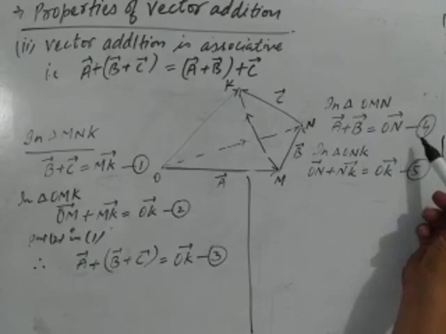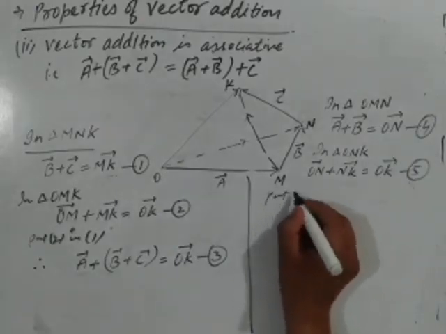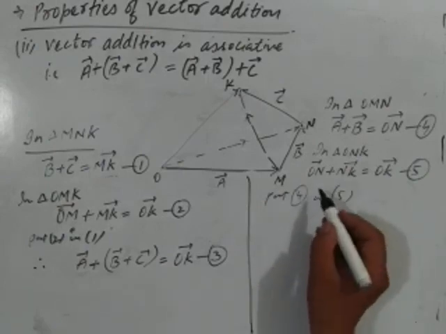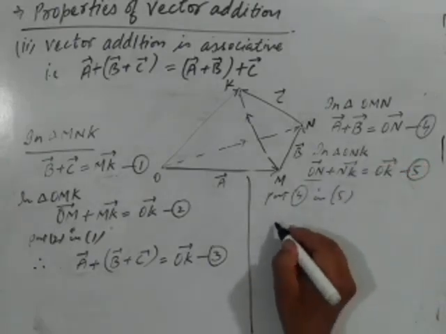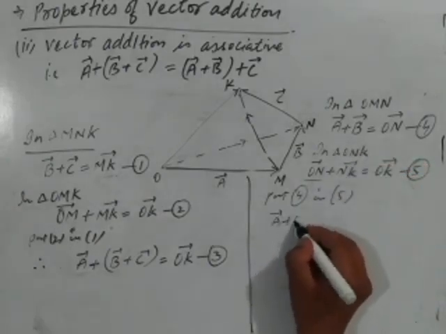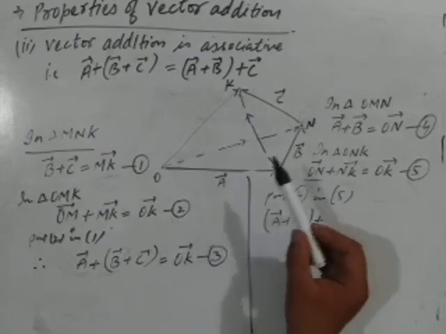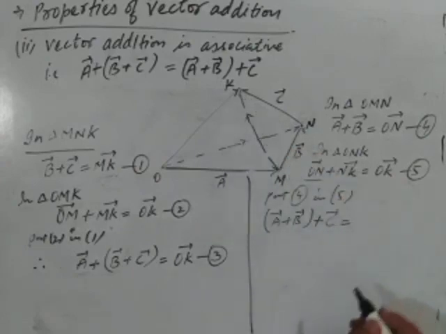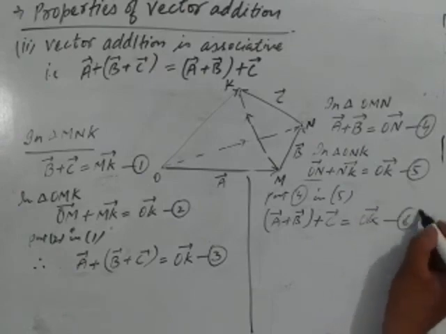So we will put equation number 4 in equation number 5. The value of ON vector is equivalent to A plus B vector, so A plus B vector plus NK vector, where NK vector equals C vector, and the sum of all these is equivalent to OK vector. This is equation number 6.